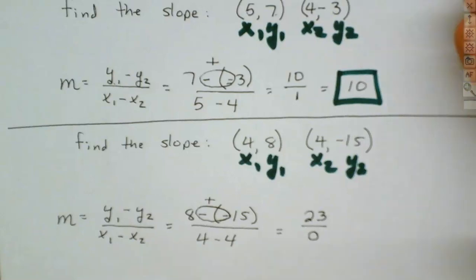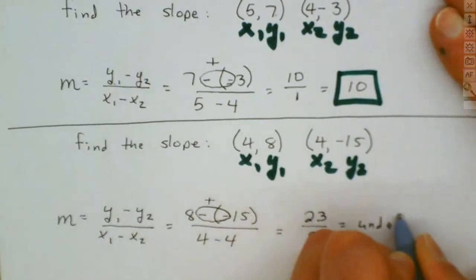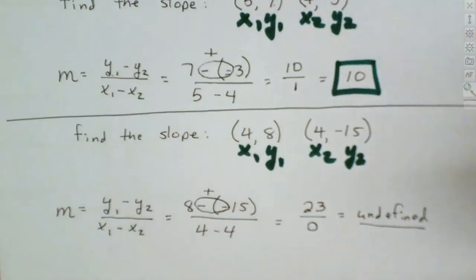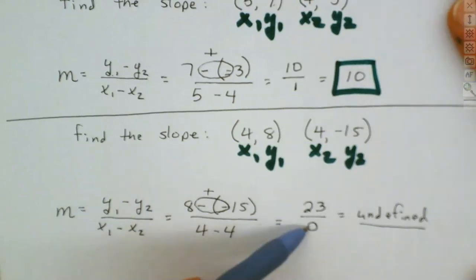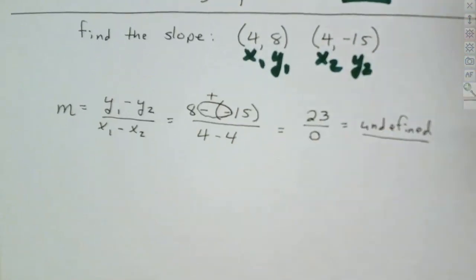But what about 23 divided by 0? 0's down below. You can't do that, so this is called undefined, right? It's not a real number, so you cannot divide a number by 0. You can take 0 and divide it by a number, but 0 can't be in the denominator. So that one would have a slope that is undefined.